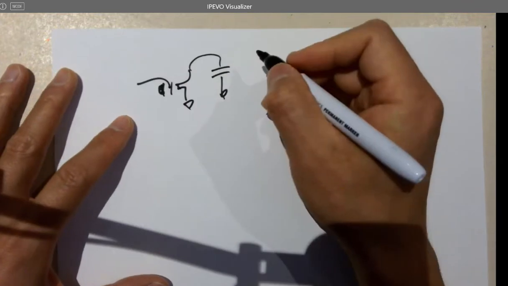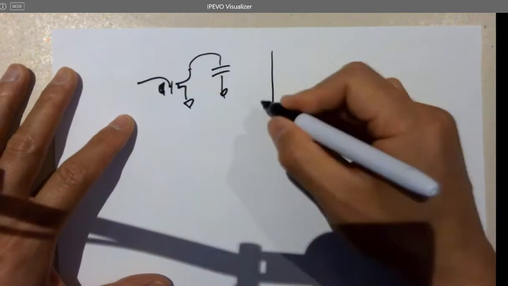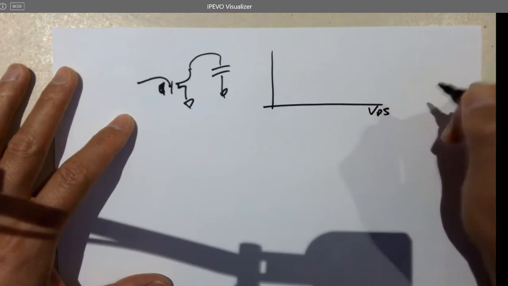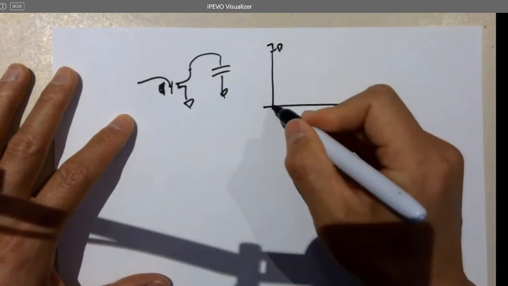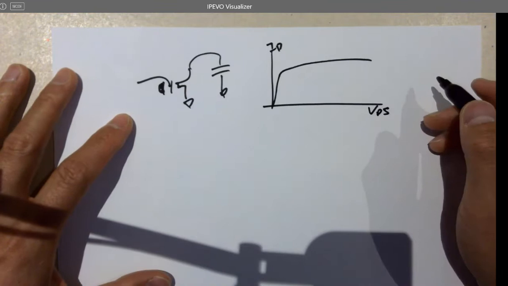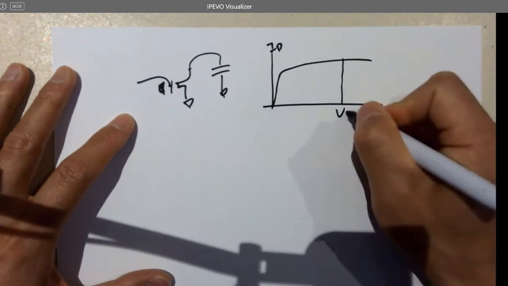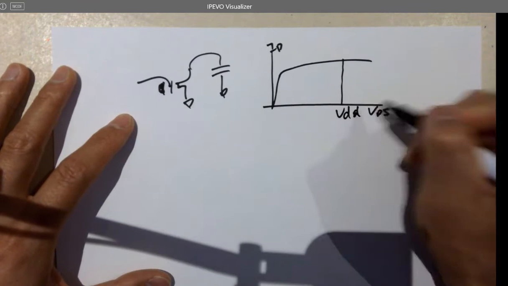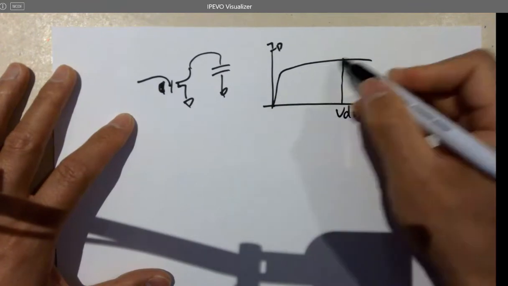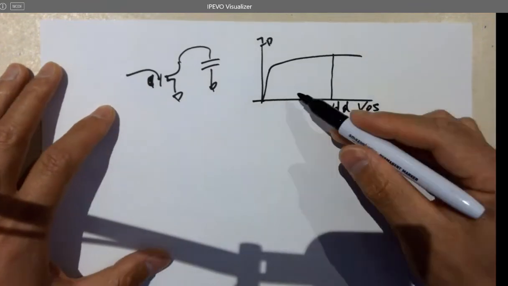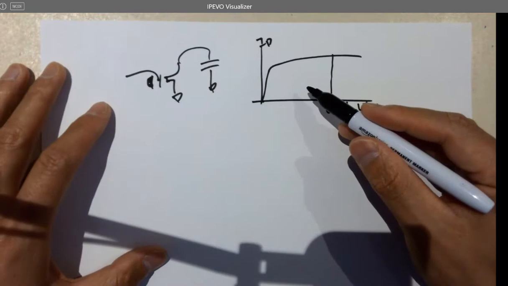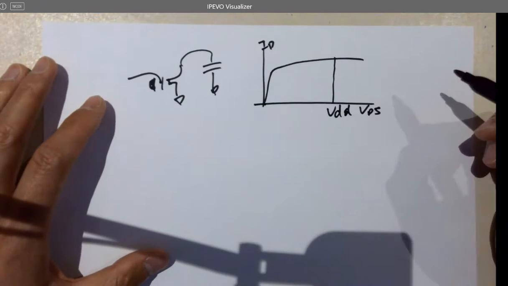And we know that for NMOS, VDS, here's ID, and the curve looks like this. Here's VDD. And if we want to model the resistance, this curve is not linear. So you cannot directly use VDD over ID.